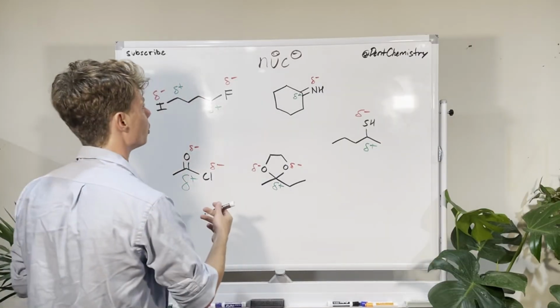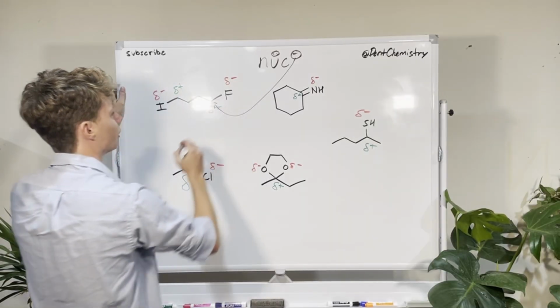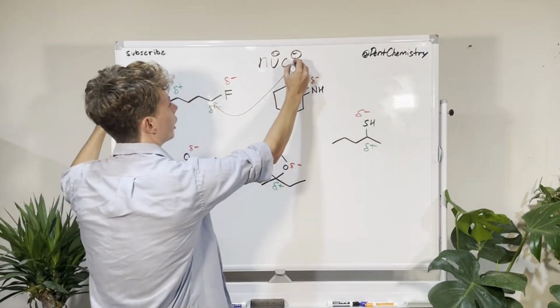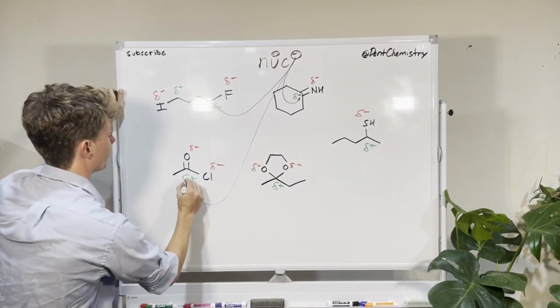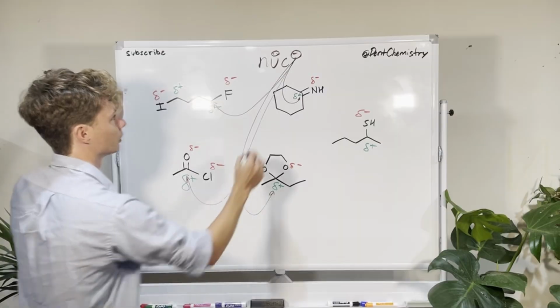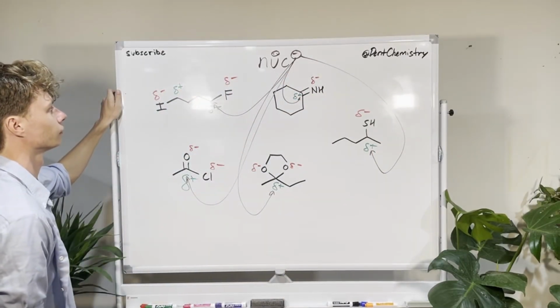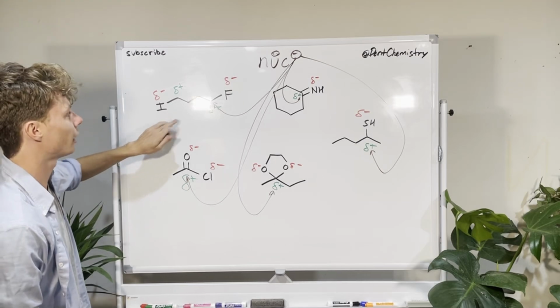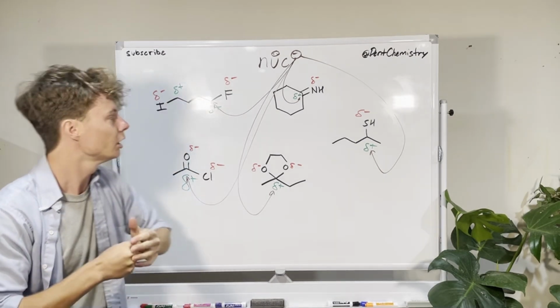So if I introduce a nucleophile here, I would expect it to attack this carbon right here, most likely. Attack this carbon right there. Attack this carbon down here. Attack that carbon right there. And right there as well. I'm not including the iodine carbon bond just because I think the fluorine carbon bond would be more likely in that case.